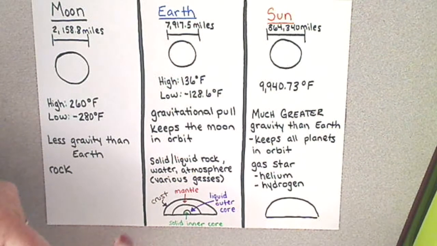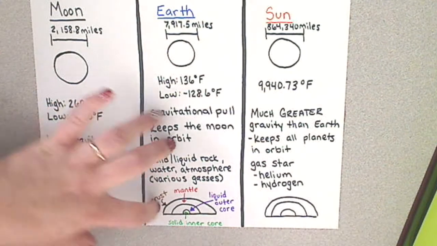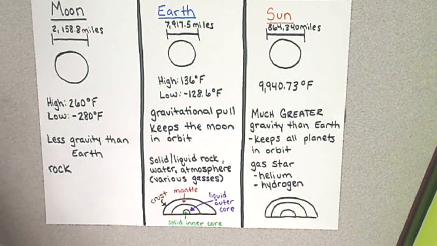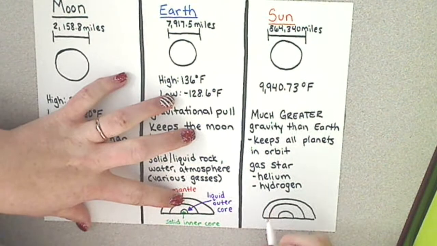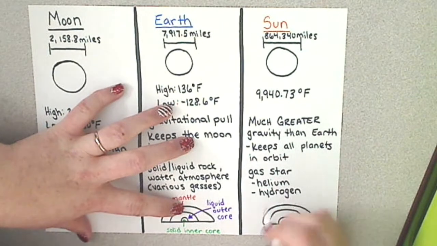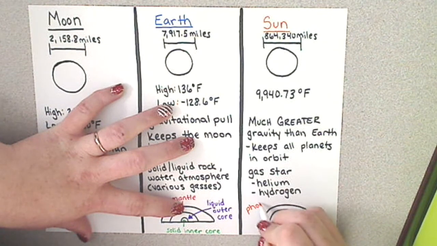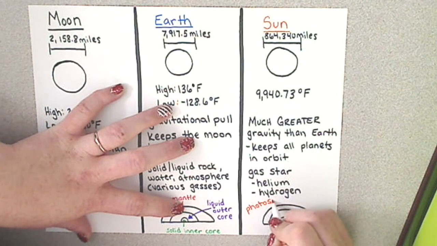You're going to have that little core. And your second piece. All right, so the first section is going to be called the photosphere.